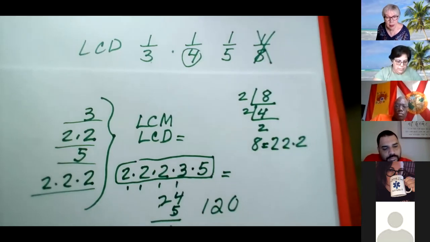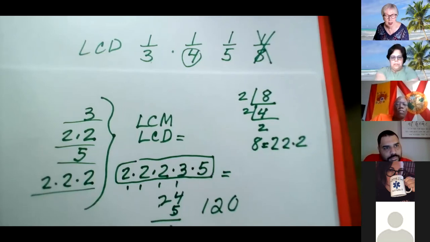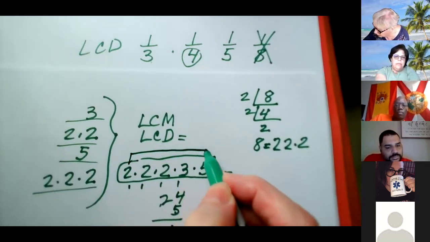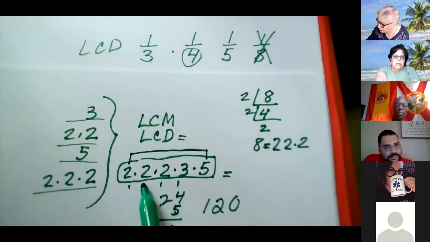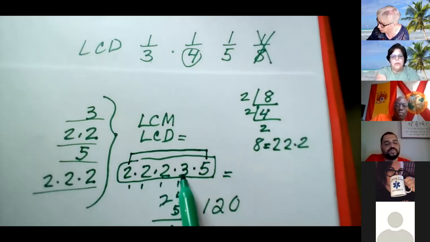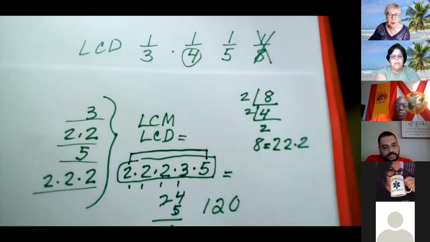And that was it. And then a 3 to cover that, and a 5 to cover that. And then I multiplied it, although I could have played my game. 2 times 5 is 10, and then this would be 2 times 2 is 4, times 3 is 12, 10 times 12 is 120. I could have played that game if I wanted to.